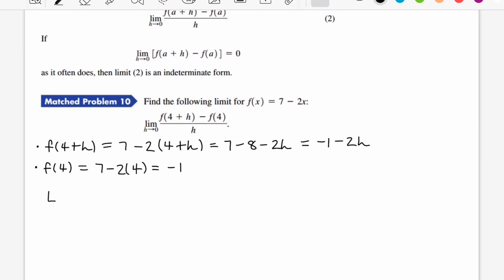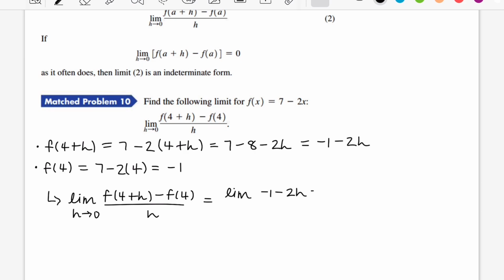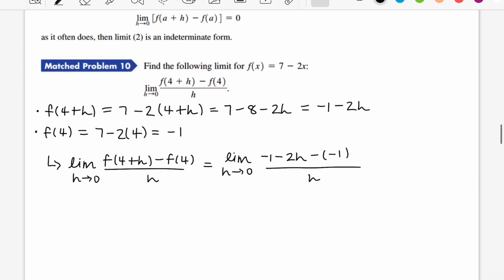Okay, so with this information, we'll find the following limit, all over h. Okay, so now it just comes down to doing some algebra.